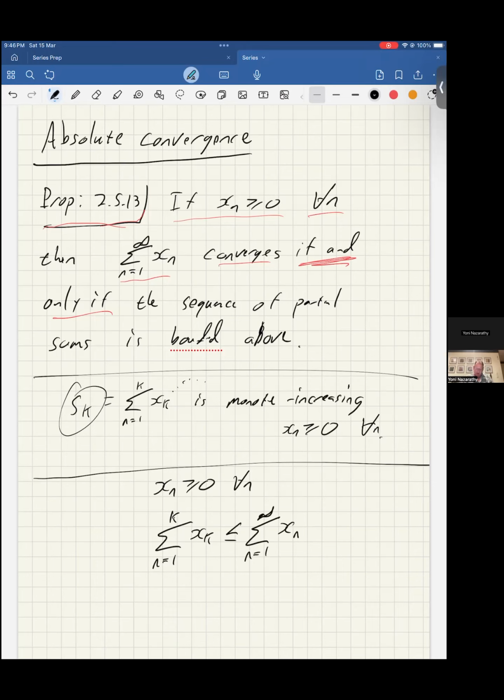This is also true if the series diverges. This will happen when the sequence is not bounded above. But if you interpret the series as infinity when it diverges, this inequality would still hold.